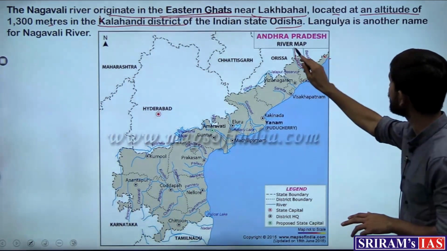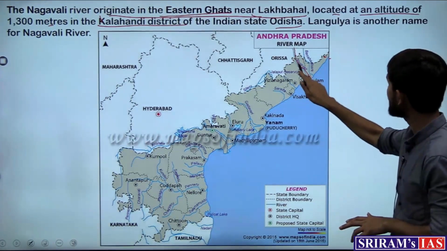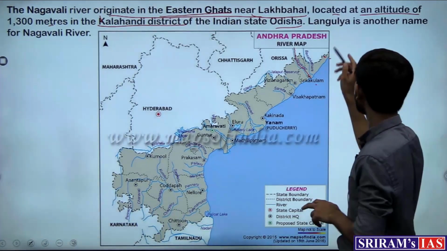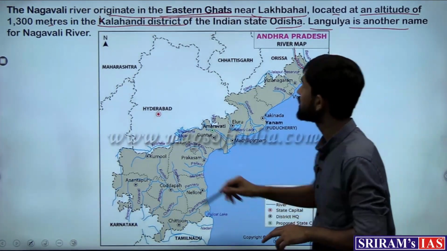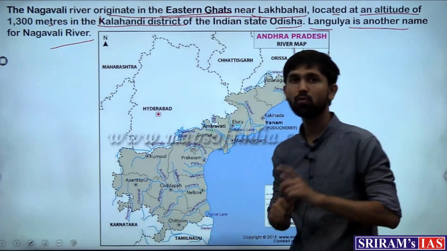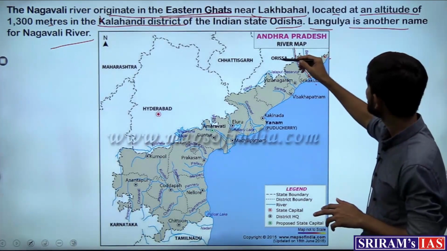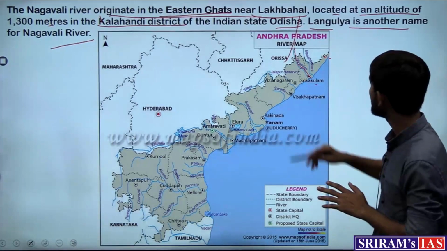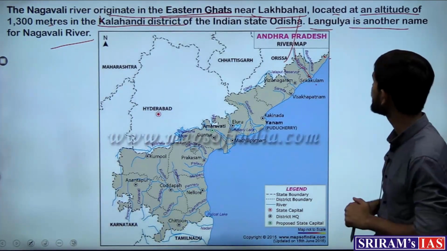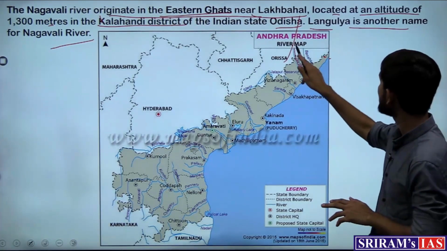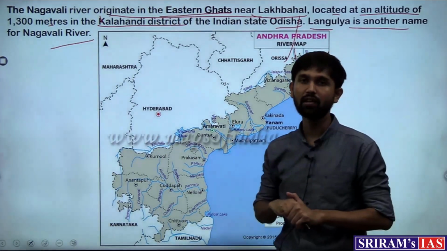So it rises in Odisha, then travels through Odisha into Andhra Pradesh, and then finally drains into the Bay of Bengal. Langulya is also another name for the Nagavali River. What becomes important for us to see is that the eastern Ghats are present in the eastern part, vertically, in the Odisha and Andhra Pradesh region, and that is where the Nagavali River rises.